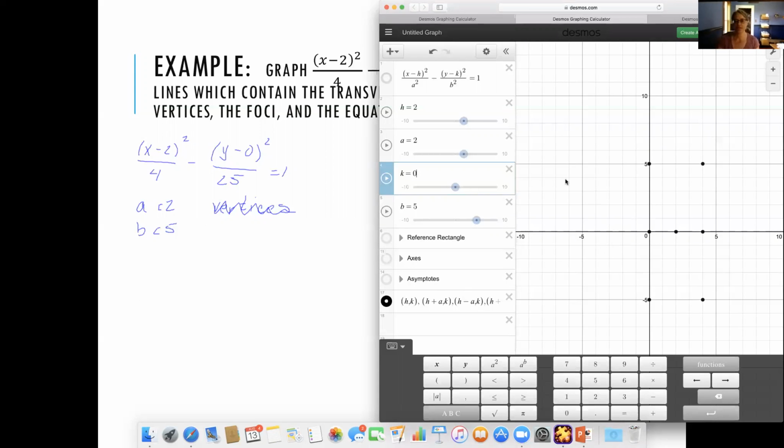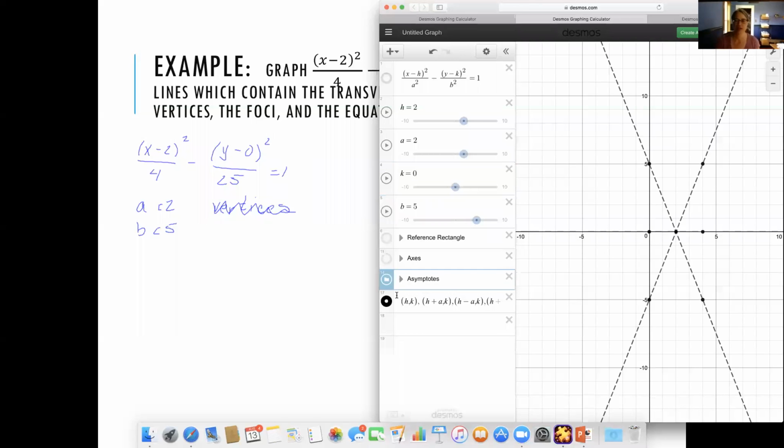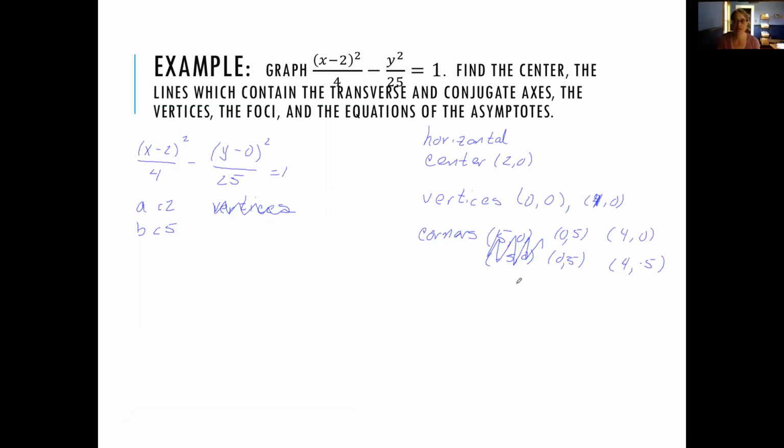Now the next thing I'm going to put on are my asymptotes. I've already had Desmos figure this out, but we're going to figure this out too. So here's the thing about my asymptotes. My asymptotes lie along the line that goes through the center and one corner point. So we'll say (0, 5).